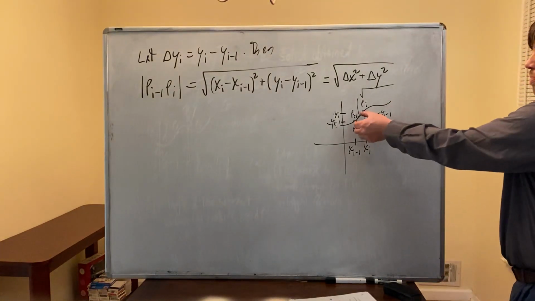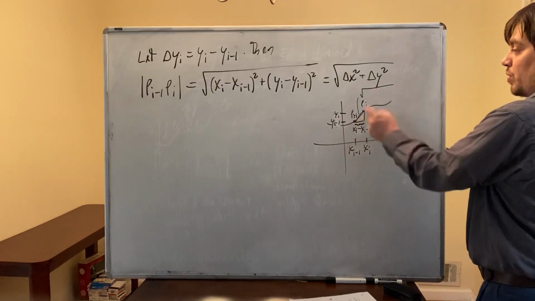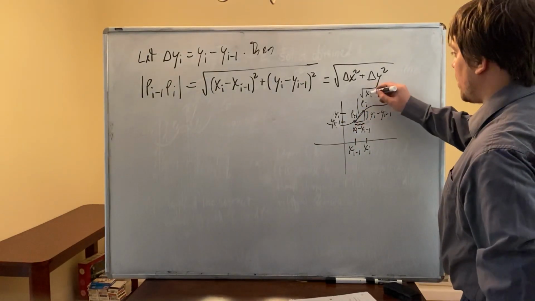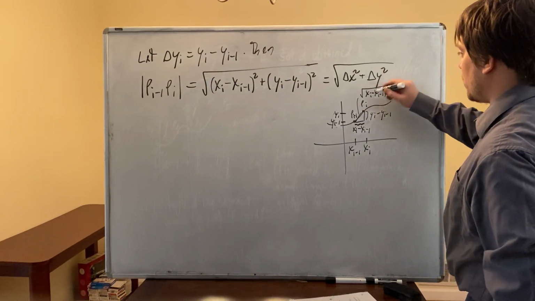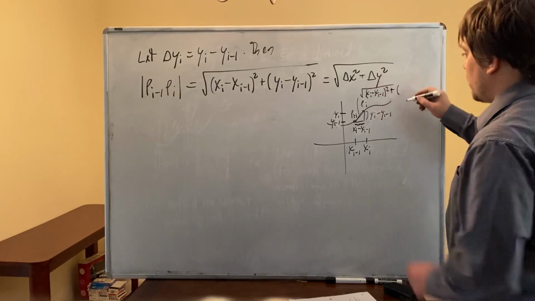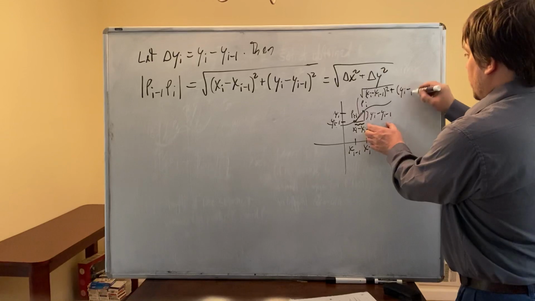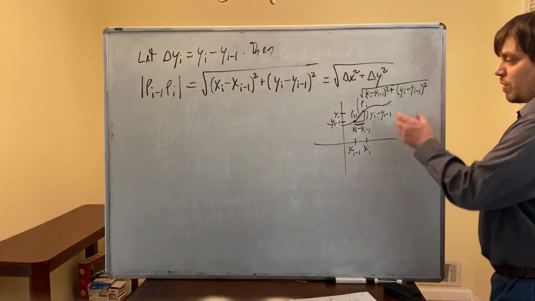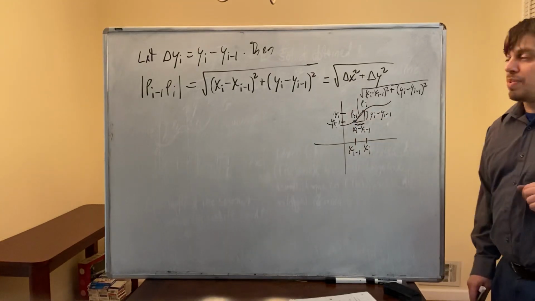The length of the hypotenuse would be the square root of this squared plus that squared, which gives the square root of x sub i minus x sub i minus 1 squared plus y sub i minus y sub i minus 1 squared. That would be the length of the hypotenuse by the Pythagorean theorem.